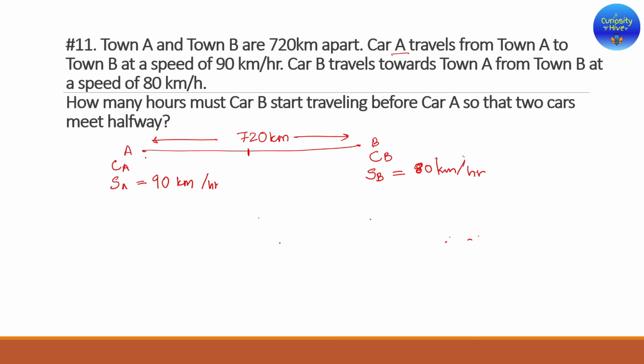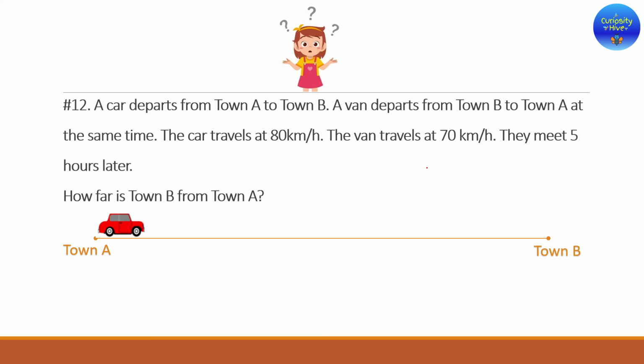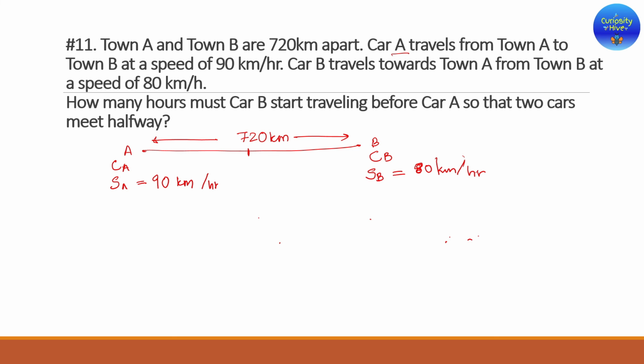Okay, so let's wait for car B. So that means car B has started traveling before car A. So let's wait for that. Now this means the distance traveled is the same by the two, but the times are different. So this distance is 720 by 2, so the distance is equal to 360 km.